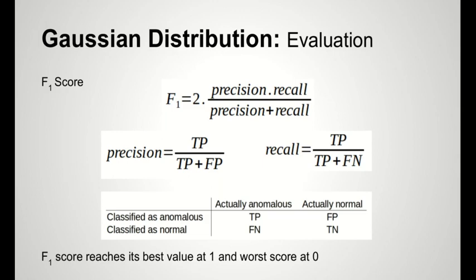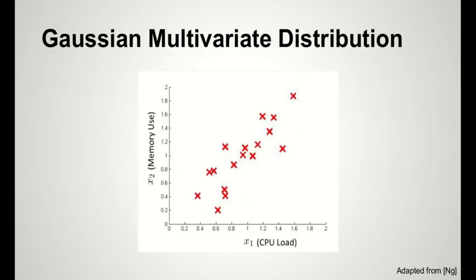But in our original Gaussian distribution model, that wouldn't happen because we draw imaginary circles with our probabilities, with this being the higher probability area and the probability decreasing as we go further away from the center, and because of that, we would predict that this is a normal sample and this is an anomalous sample.